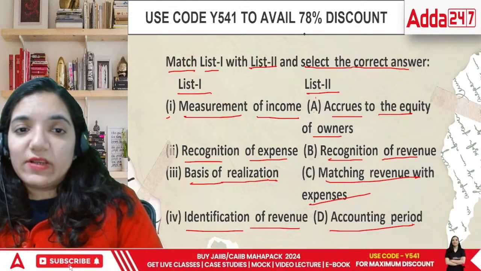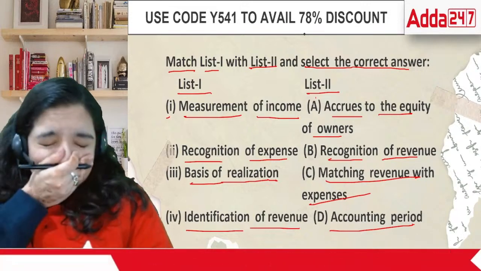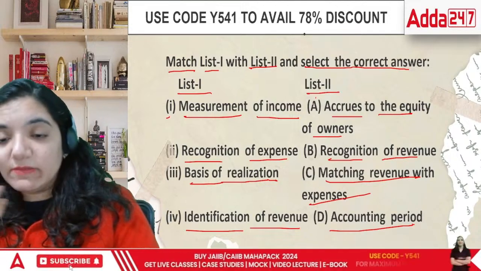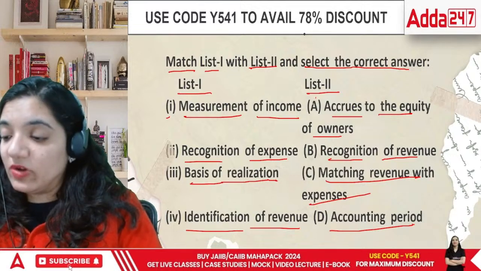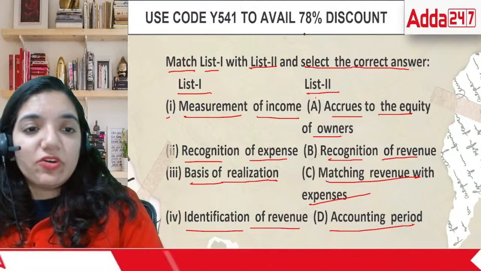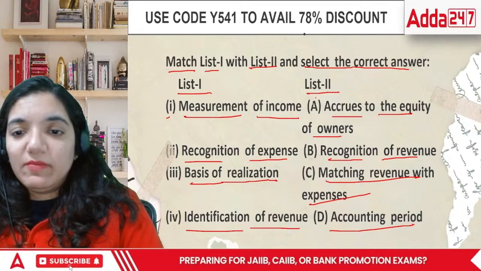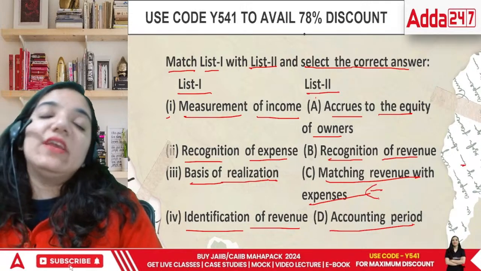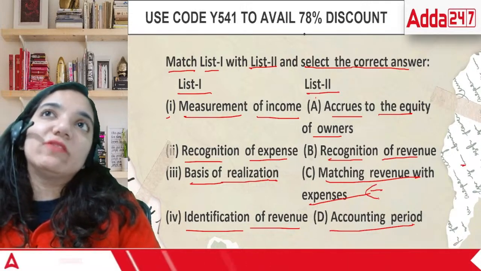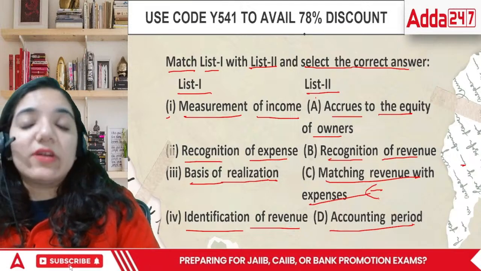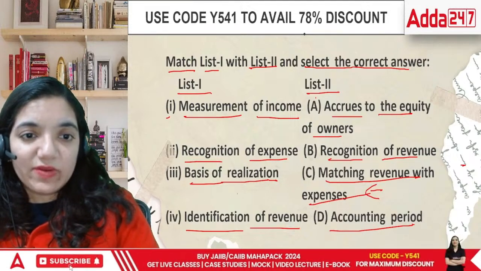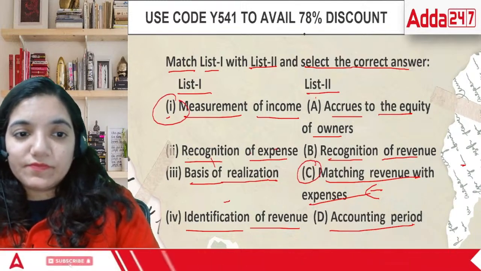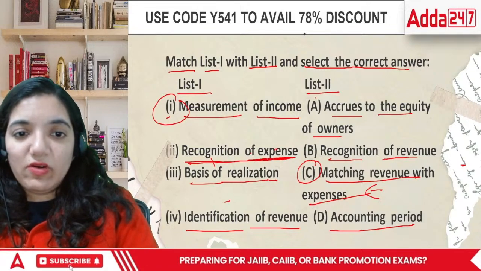Now, measurement of income. Whenever we are recording the incomes, we do it in such a way that, when we talk about the first one, measurement of income is basically matching the revenue with expenses. Every year, whenever we are recording, we won't record future, we won't record past. We would record the present. So this is the first one, which is related with C. Then comes recognition of expenses.